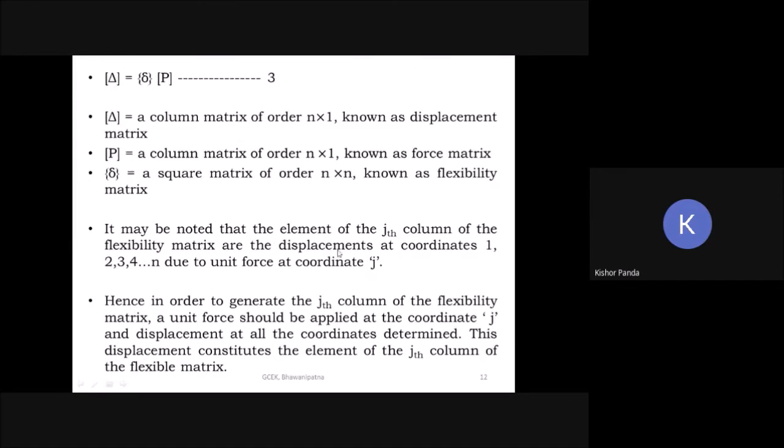It may be noted that the elements of the jth column of the flexibility matrix are the displacements at coordinates 1, 2, 3, 4 and so on due to unit force at coordinate j. Hence, in order to generate the jth column of the flexibility matrix, a unit force should be applied at coordinate j and displacements at all the coordinates determined. These displacements constitute the elements of the jth column of the flexibility matrix.